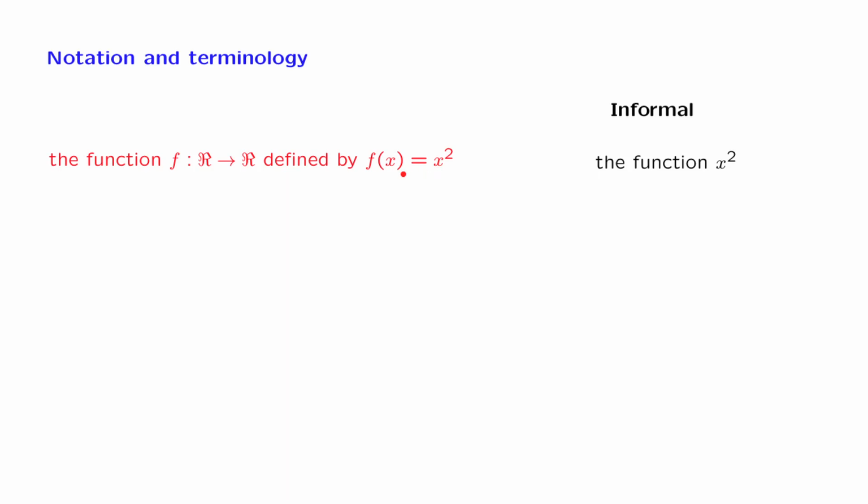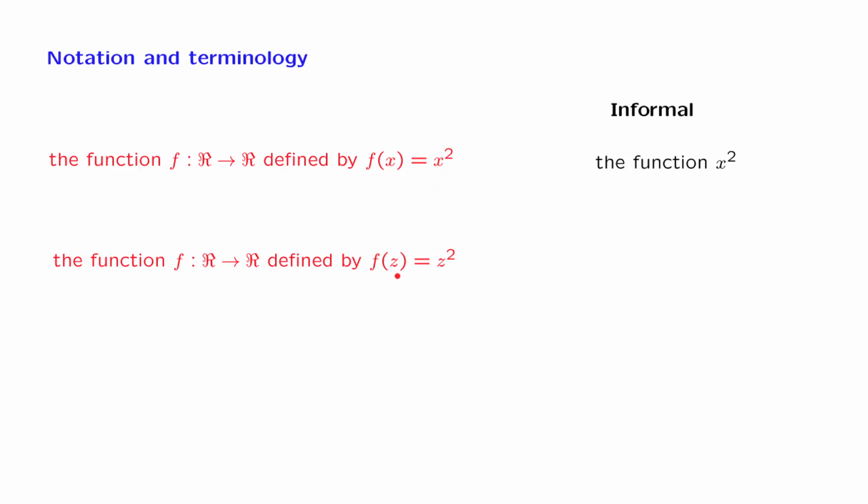Now let us consider this function. The function f, again from the reals to the reals, that's defined by f of z equals z squared. Is this a different function or is it the same function? It's actually the same function because these two involve the same sets and they produce their outputs, the values of f, using exactly the same rule.